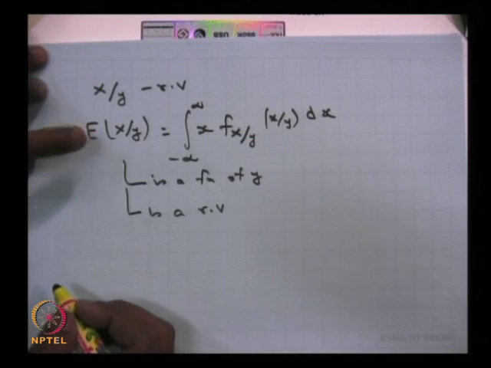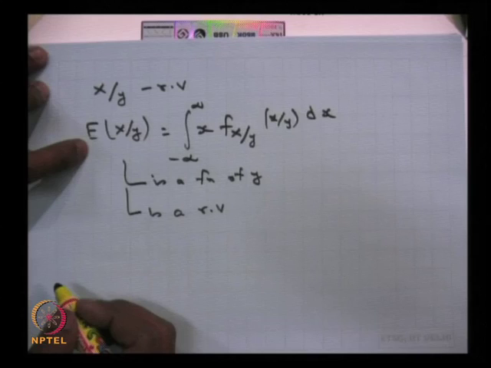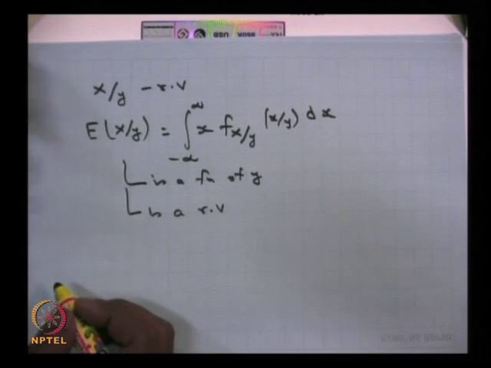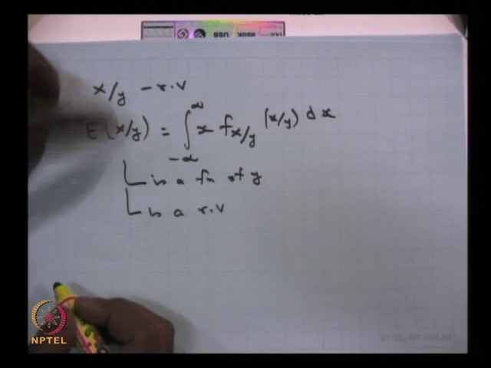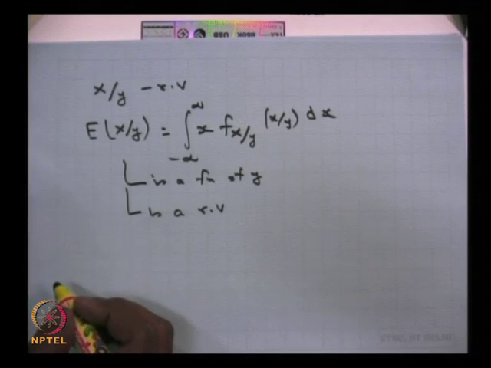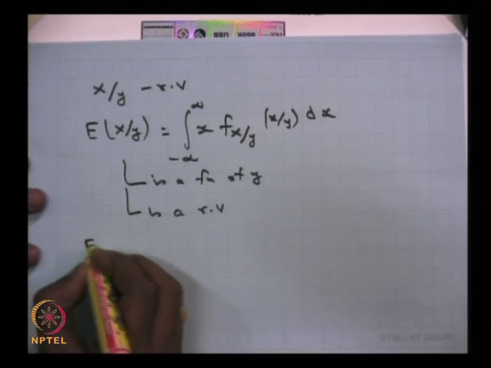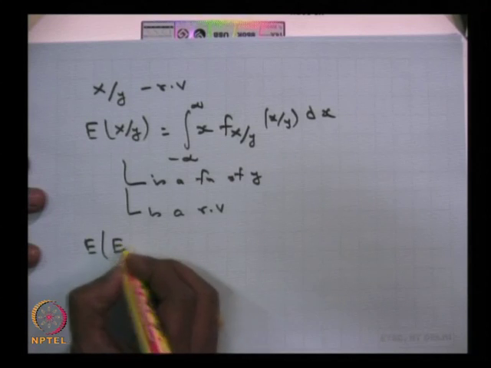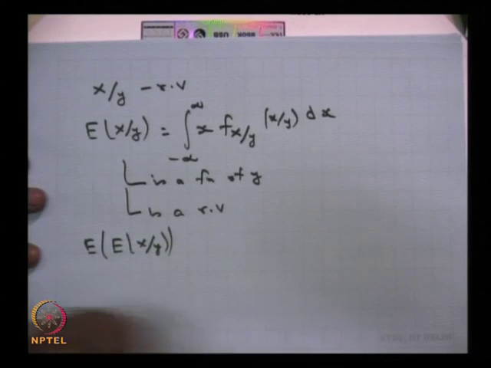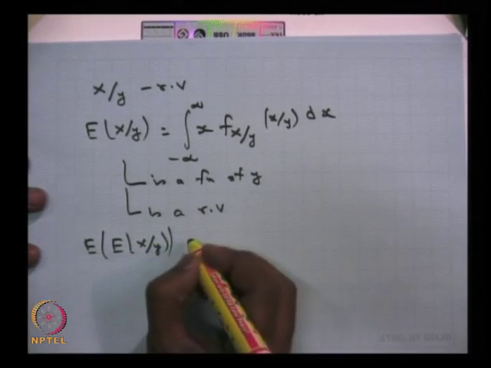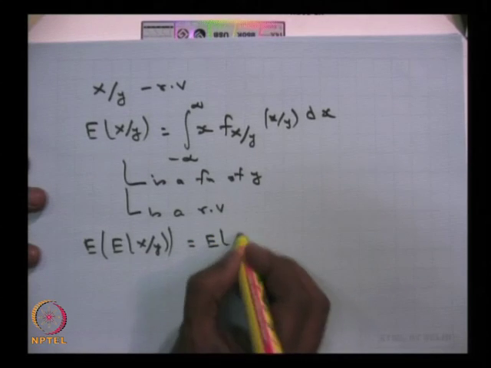The expectation of x given y is a function of y, and y is a random variable that takes different values small y. Therefore, the expectation of x given y is also a random variable. That means you can find the expectation of the expectation of x given y. If you compute that, it is going to be the expectation of x.